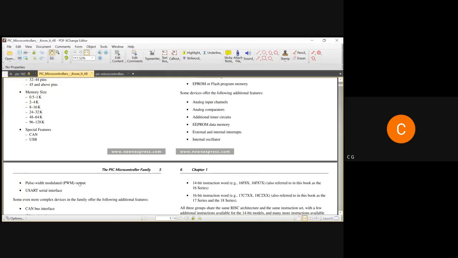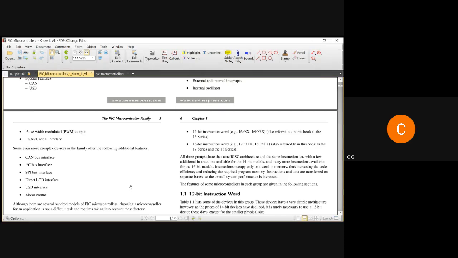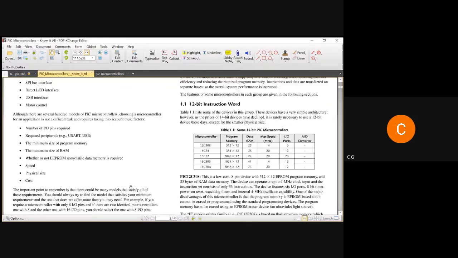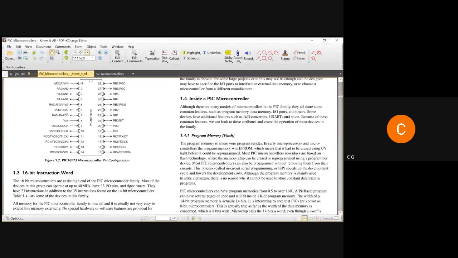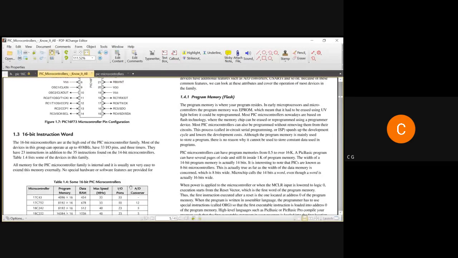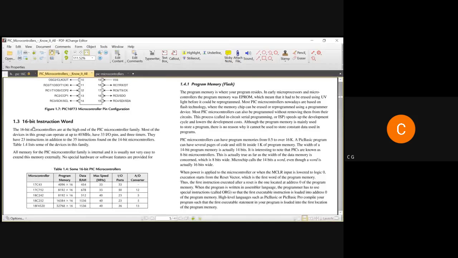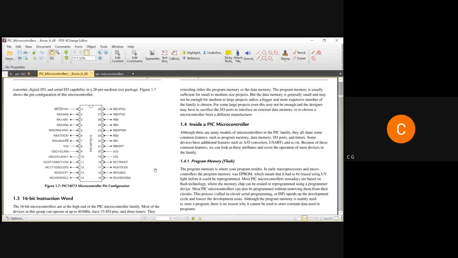So this will also help you to tabulate all the things which are available with the PIC microcontroller. Within this document, there are a variety of things. So there is a 16-bit instruction word and data is of 8-bit.